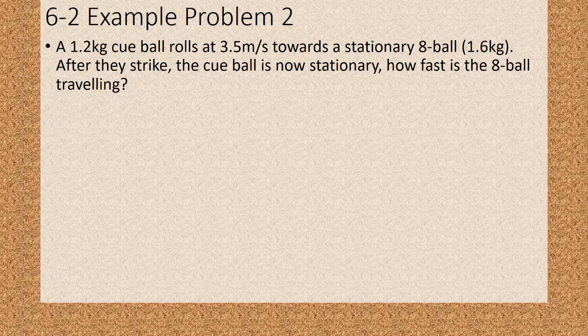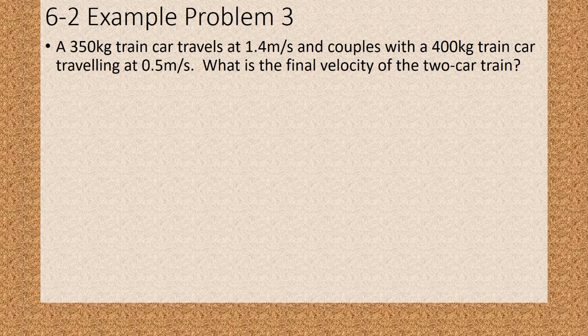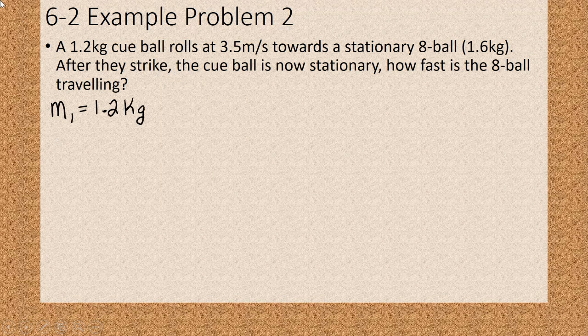Start by logging our known information. Let's make M1 the cue ball. It has a mass of 1.2 kilograms, and it has a known starting velocity.